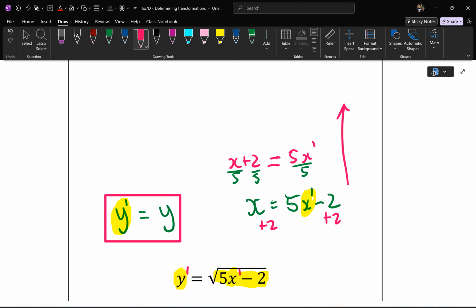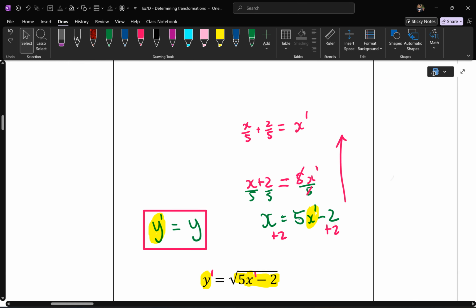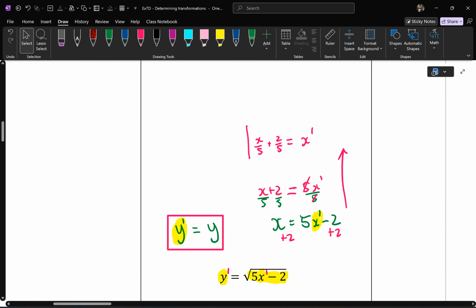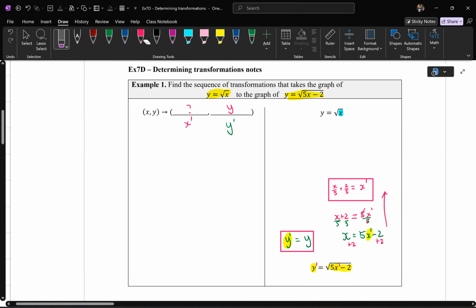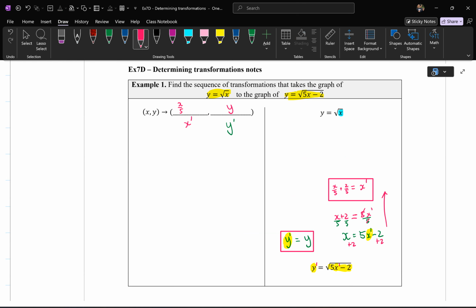And that will now tell me x dash is equal to x on 5 plus 2 on 5. This is x dash. That means if I go backwards, in this box, I'm taking original x and dividing it by 5. Or another way of thinking about it is 1/5 of original x. And then I'm adding 2/5 there as well.